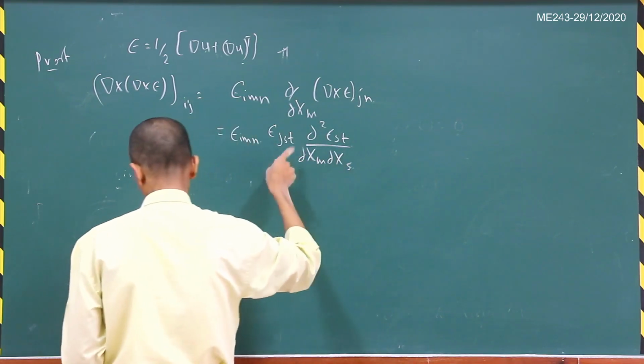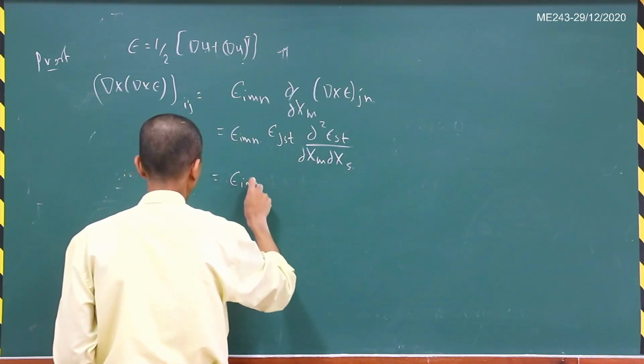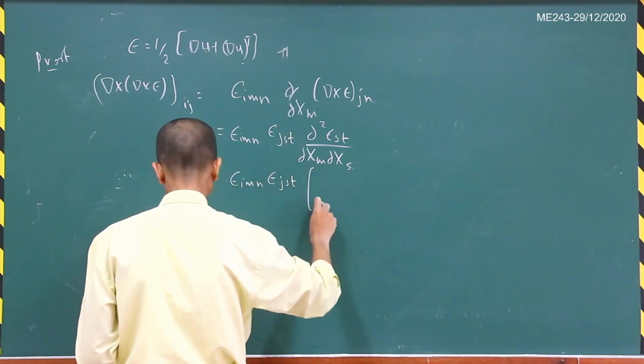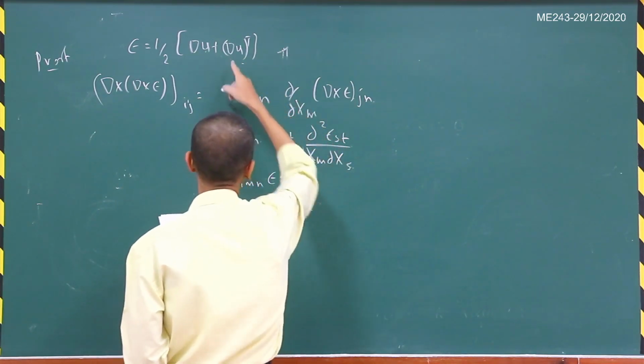And then now you can write this as epsilon imn epsilon jst times, substitute now for epsilon, because that is del u plus del u transpose.